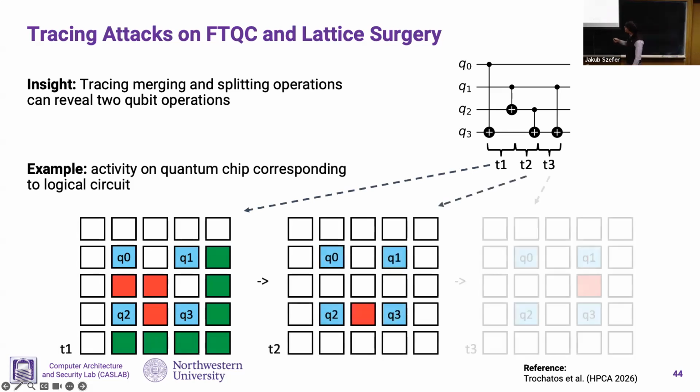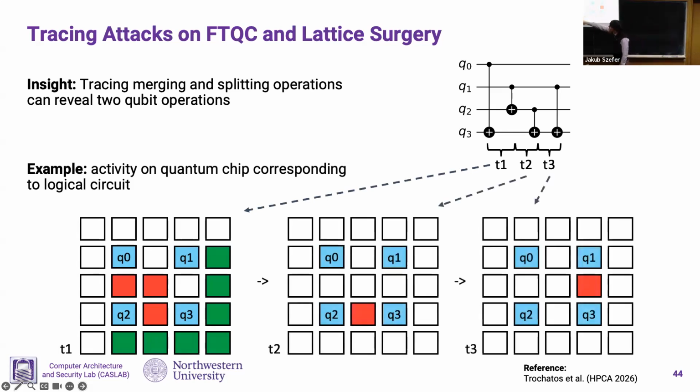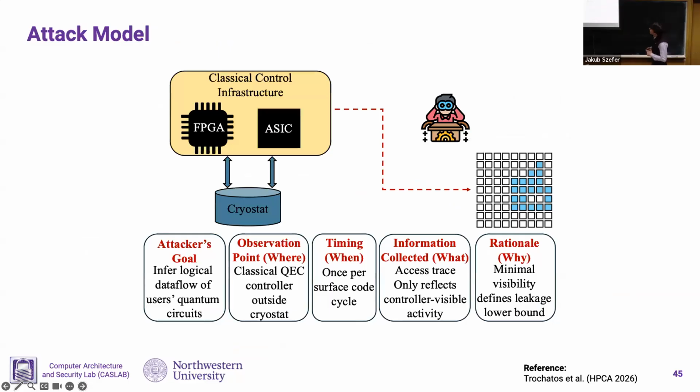But at the hardware level, within each patch, you have a bunch of quantum gates that are being activated. So as the circuit executes, you have different activity of the logical qubits, and if the attacker is still able to observe the controller or the decoder to see the activity, so again, collect something like a power trace.